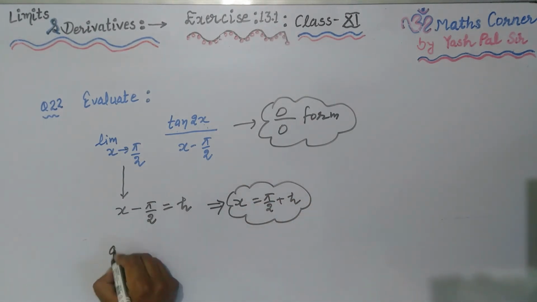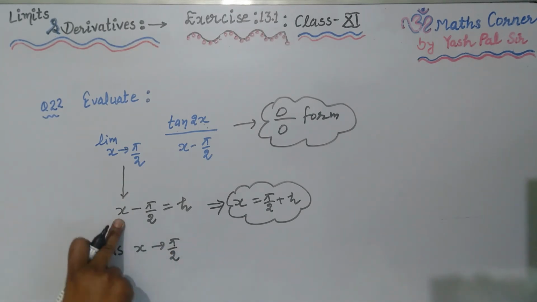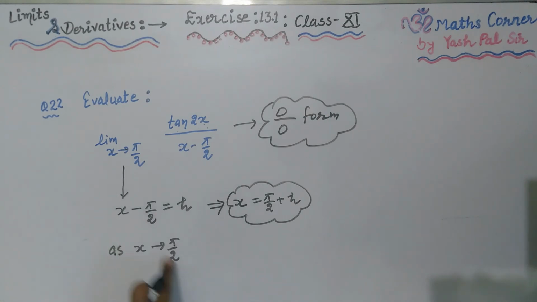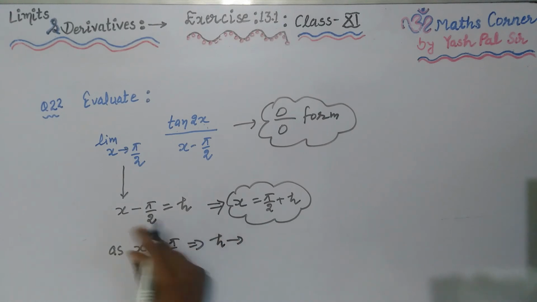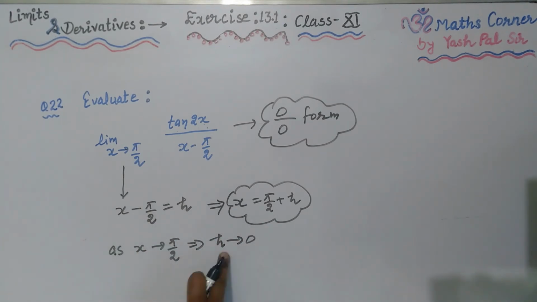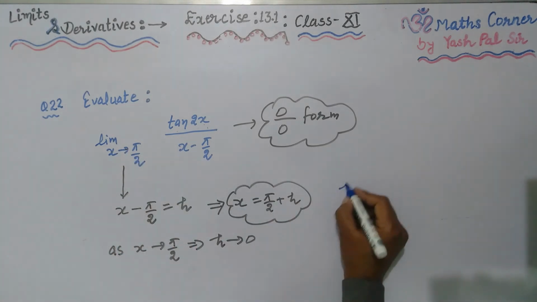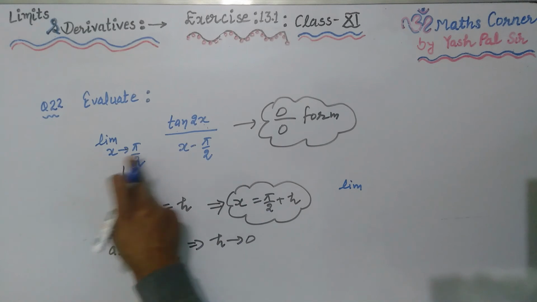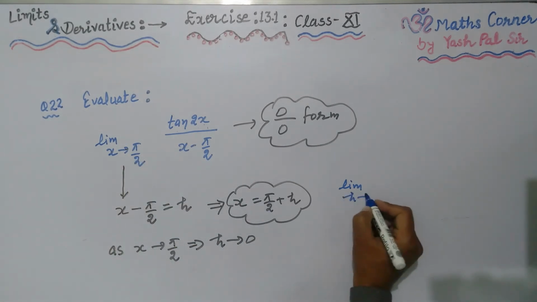This way, as x approaches to pi by 2, what happens with h? h becomes 0. As x approaches to pi by 2, h tends to 0. So this substitution we apply now here in the question. This is limit x approaches to pi by 2; in place of this we write h approaches to 0.